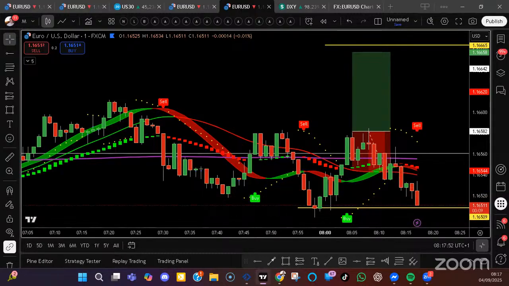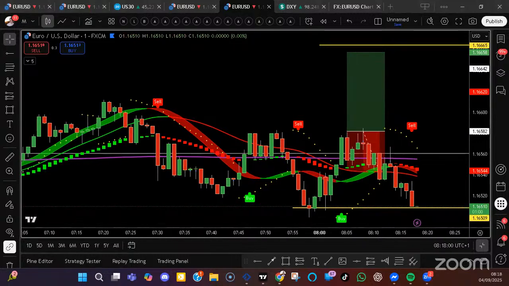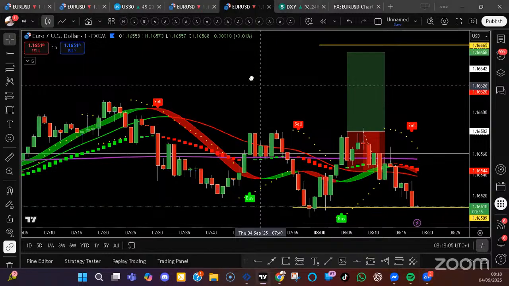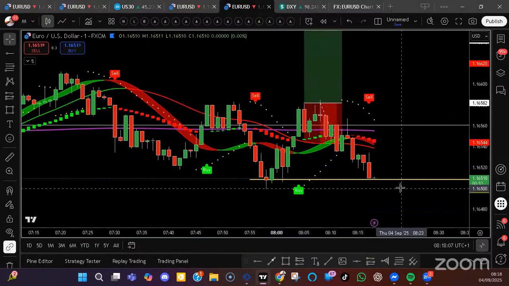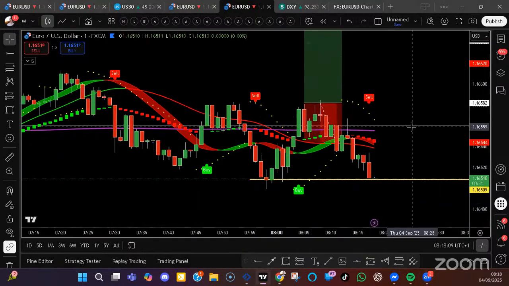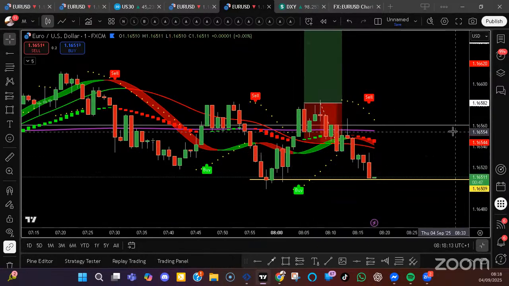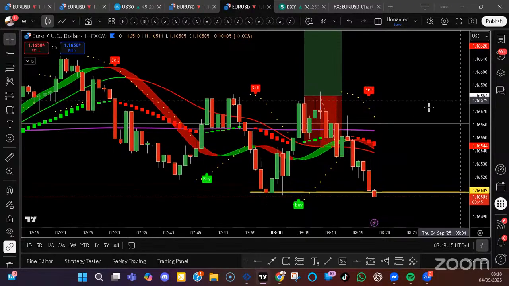So we're heading off into the buy zone again. Sometimes the second buy is a bit stronger than the first one, if there is going to be another buy. But regardless of that, I'm not going to be taking part in that.